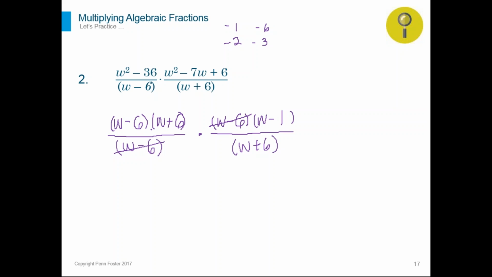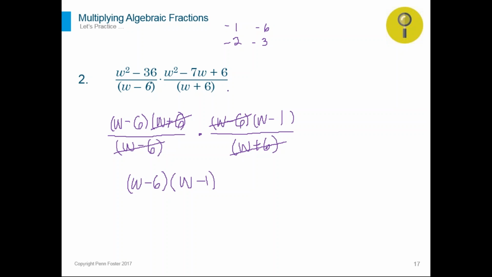I have another one, W plus 6 and W plus 6. That's gone. Anything else? I don't see anything else. So our reduced form of our product is W minus 6 times W minus 1. No denominator. All the denominators are gone.